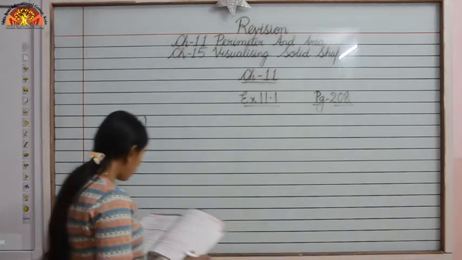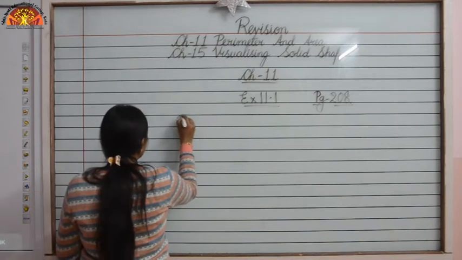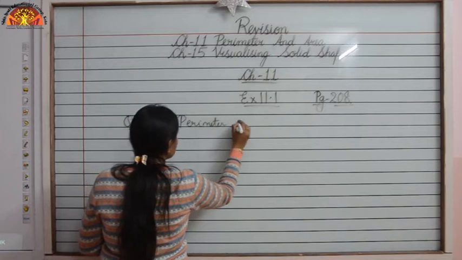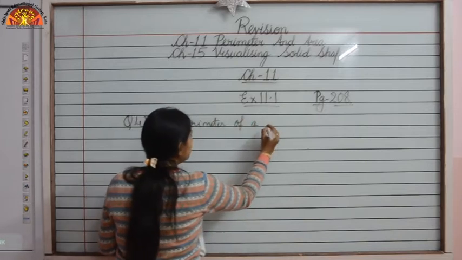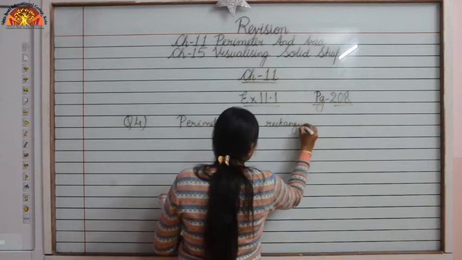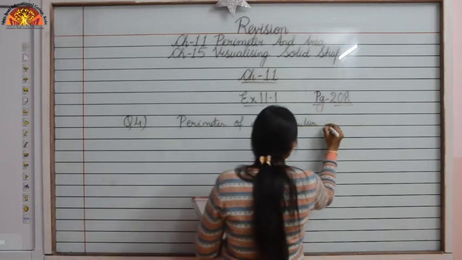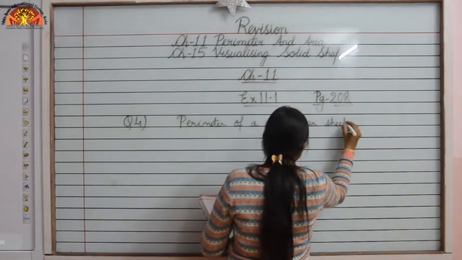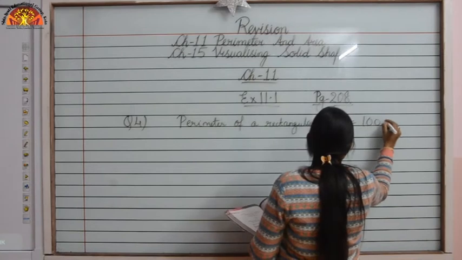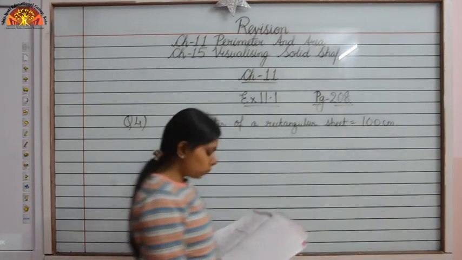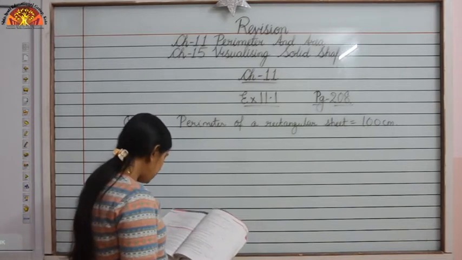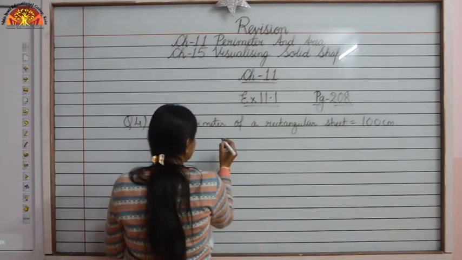Okay, so first of all we'll write down the perimeter of a rectangular sheet is equal to 100 centimeters. Now it is given that the length is 35 centimeters.